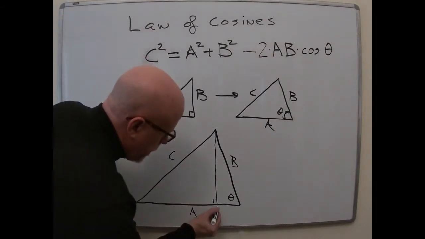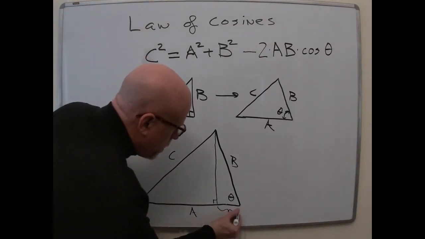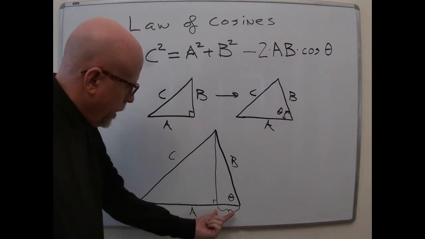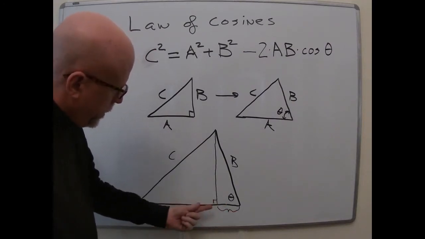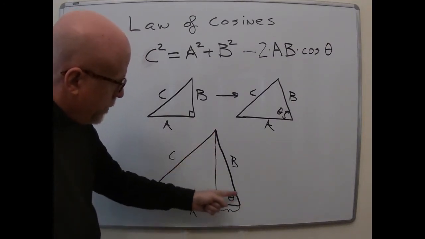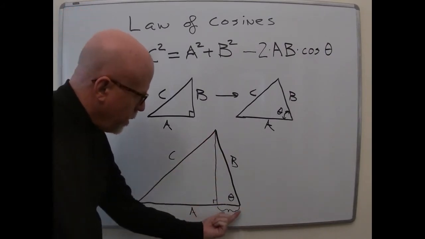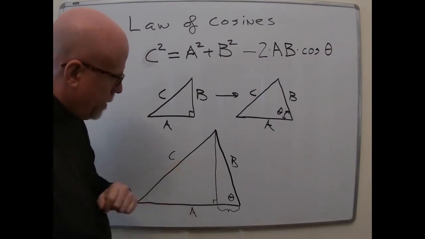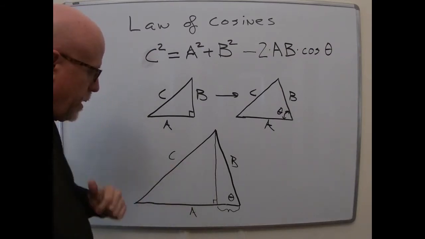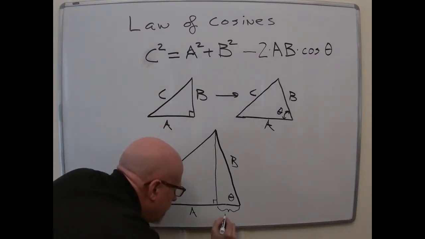There's a piece right here that is related to angle theta, and we've got the hypotenuse of the triangle that theta is part of now, a right triangle. So this part is the side adjacent to theta, and that's the hypotenuse. That makes this guy b times cos theta.